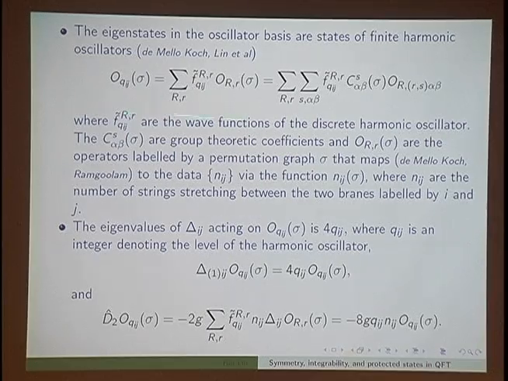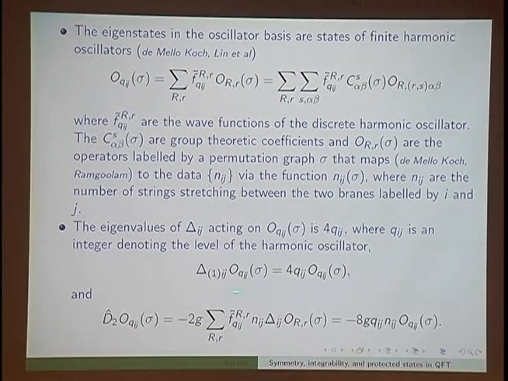So these operators at 1-loop level can be diagonalized by harmonic oscillator states. And this is the diagonalized operator, where the Qij refers to the oscillator level, and Qij is an integer. And these are the coefficients for the diagonalization.